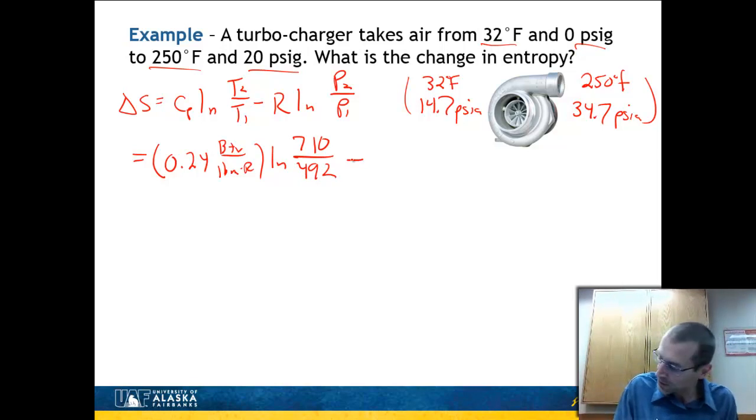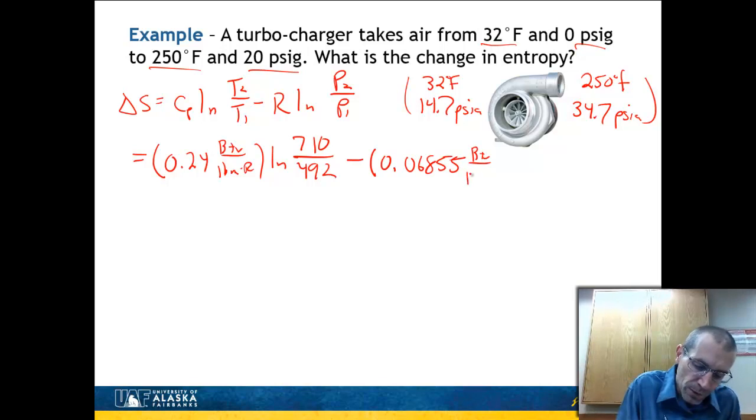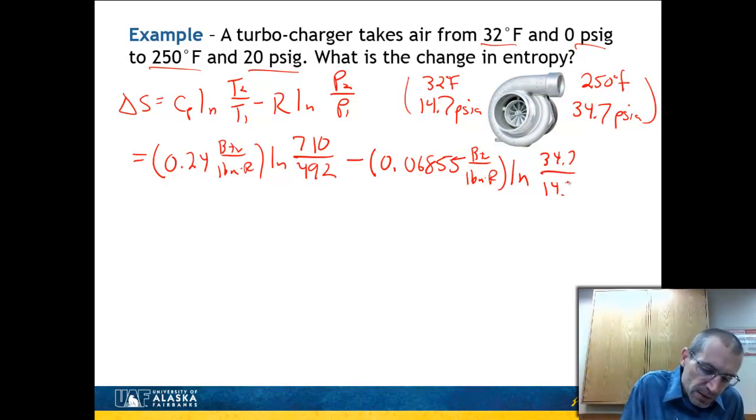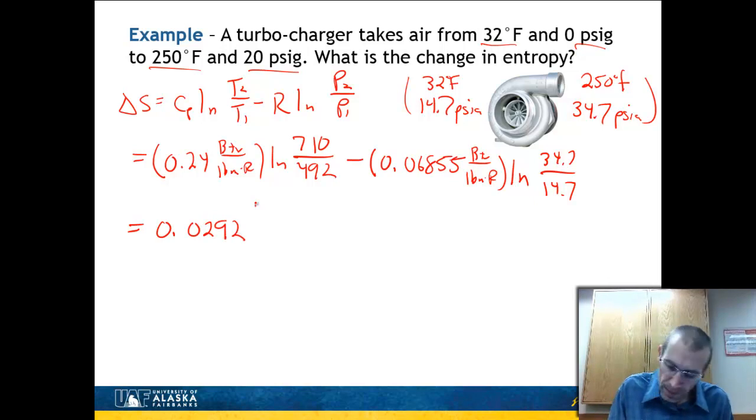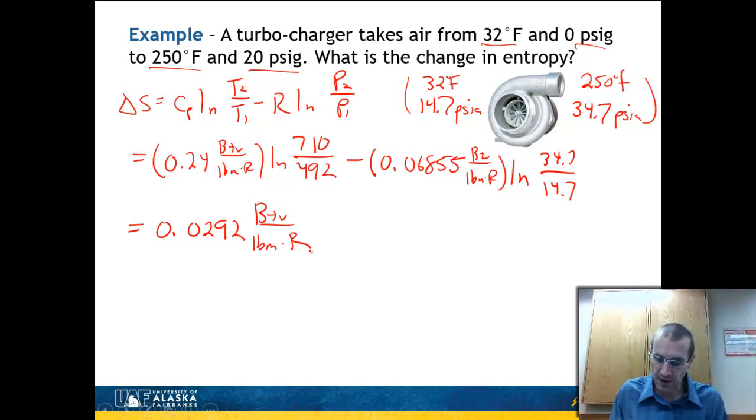And then I'm going to do minus an R in English units of 0.06855 to make those units the same, which will be BTUs per pound mass R. And then the natural log of final pressure, which is 34.7 over 14.7. We can just do that arithmetic, and delta S is 0.0292 BTUs per pound mass R. So that's the change in entropy as I go through the turbocharger.